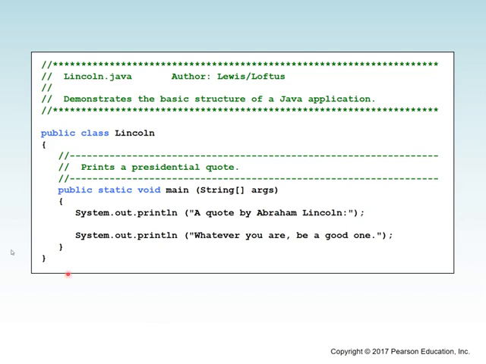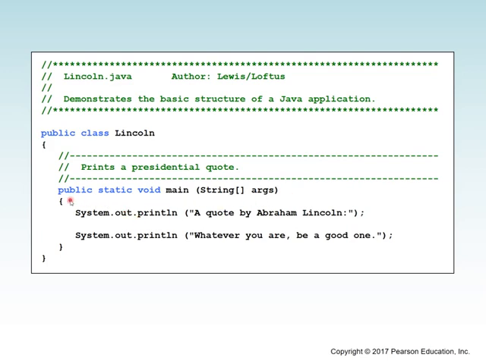You'll notice it has these statements here: public class Lincoln, a curly bracket or a brace, some comments, which we'll have a look at later, and then we have our main method here. And you'll notice the header for this method: public static void main String args. At the moment, all you need to know is how to type that. The rest of these statements will become more and more apparent as we move through the topic.